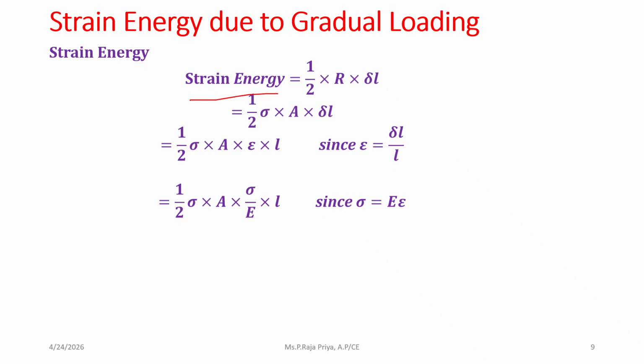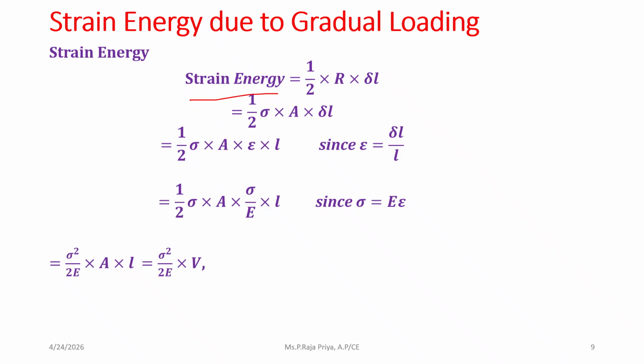So strain will be equal to stress by Young's modulus. Applying this, what will be the final expression? It will be half sigma square by E into A into L. A into L is the volume, and the final expression will be sigma square by 2E into V.